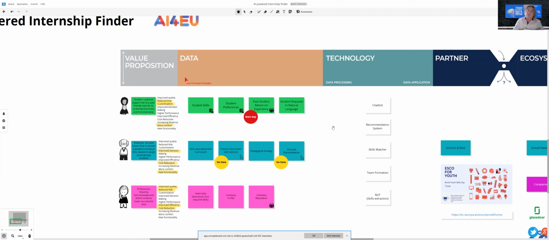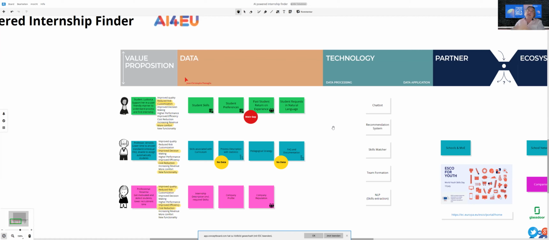For that, we developed a chatbot that interacts with them, and our aim is to provide personalized guidance depending on your profile as a student. This is developed together with one of the partners, FBK. We select the internships that best fit the skills of the students, and during the interaction we also provide the fit that the system computes.